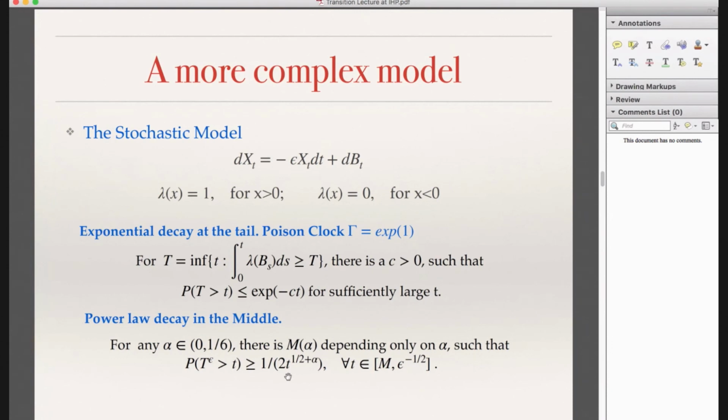So the smaller the epsilon is, the longer we are able to observe power law decay waiting time. This basically gives us a bottom line for the transition time between the power law decay and the exponential decay.